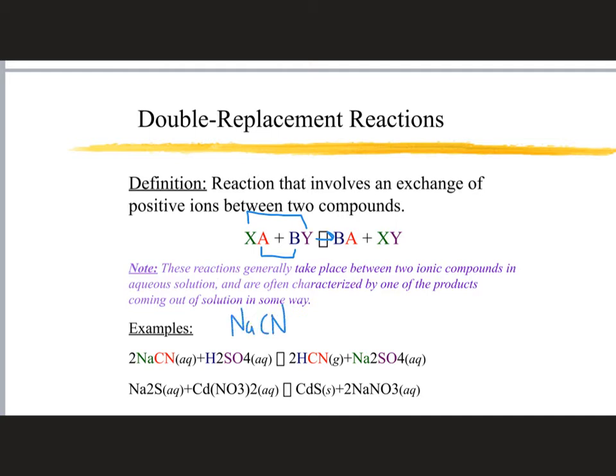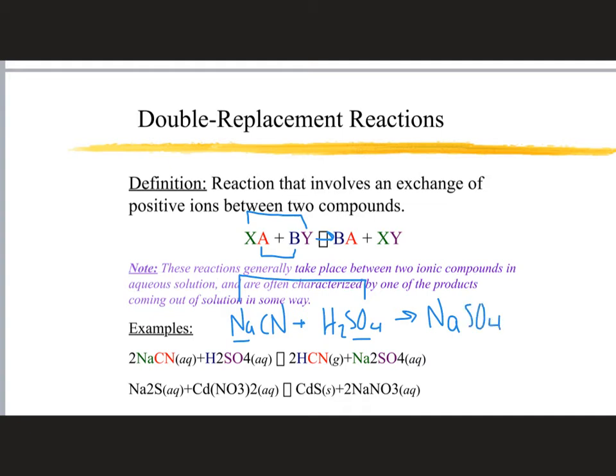NaCN reacting with H2SO4. So we would have sodium reacting with sulfate, Na and SO4, to make a new compound.